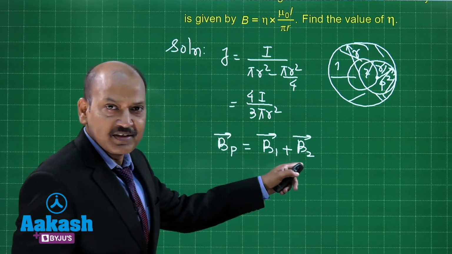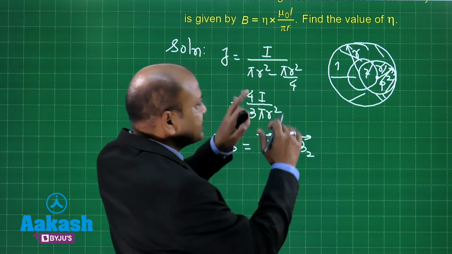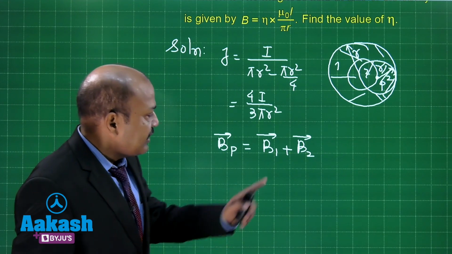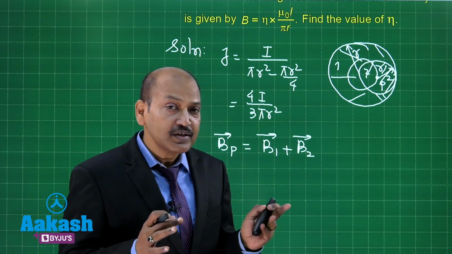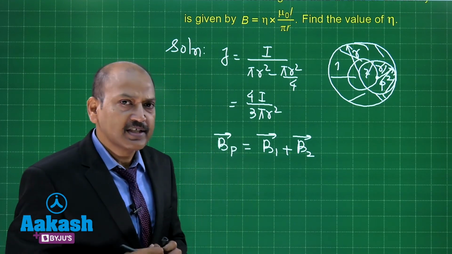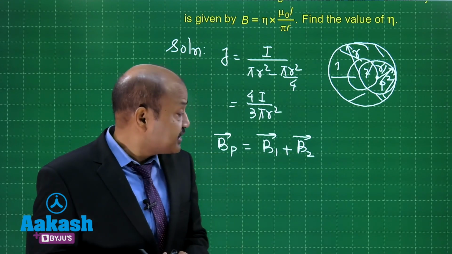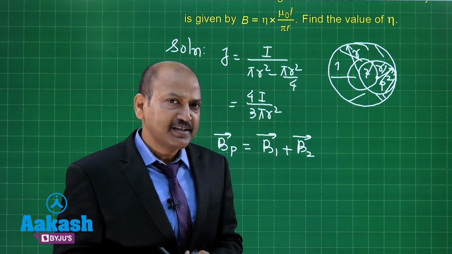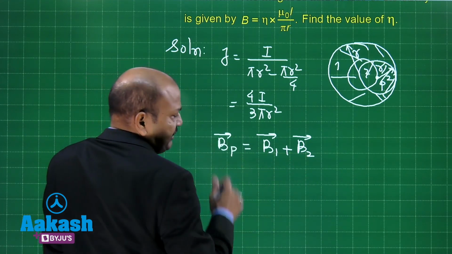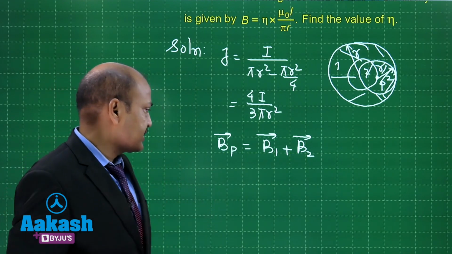So, part 2 is the cavity, imagining a cavity also having the same current density in the same direction. Now, interestingly, B2 is 0 because for a cylindrical long current carrying conductor where the current is uniformly distributed over its cross section, the magnetic field on the axis is 0. So, this part is 0 and we are interested in B1. So, B1 is equal to BP. That makes our task very easy.